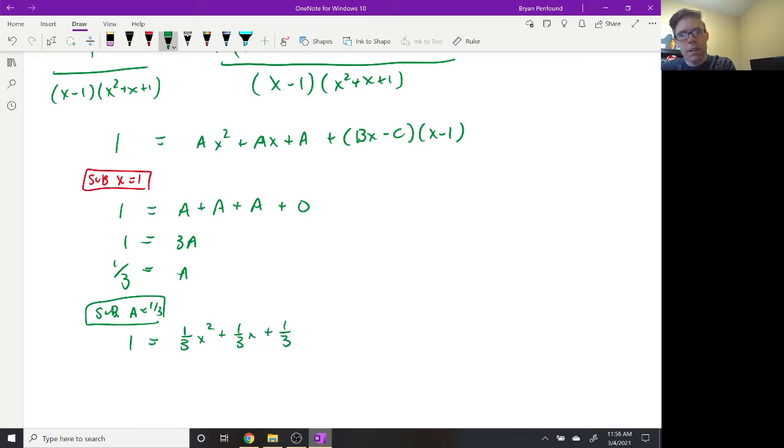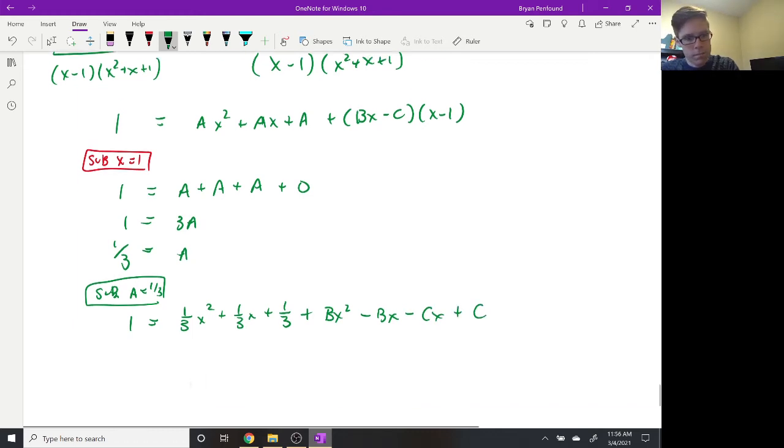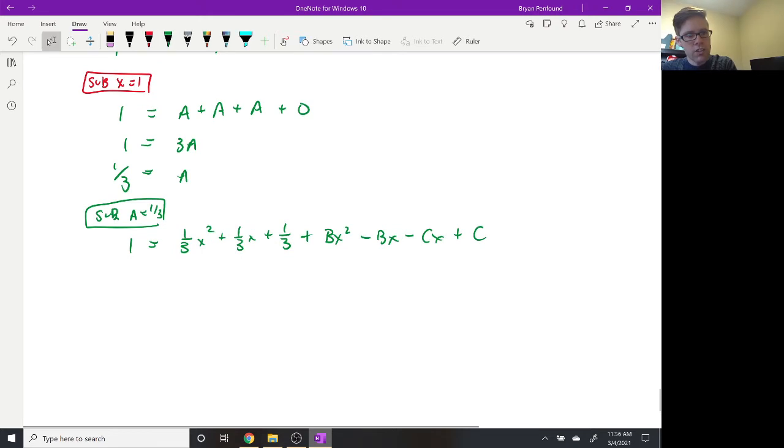And I'm going to expand out the brackets here on the right-hand side as well. So we get bx squared, we're going to get minus bx, negative cx, and plus c. And let's try to collect all of our like terms together.